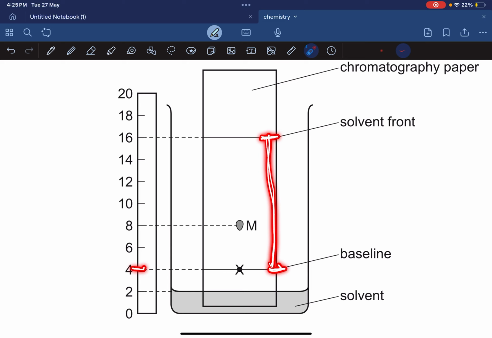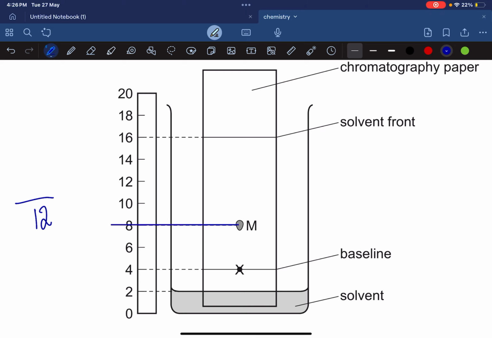From 4 to 16. That's going to be 1, 2, 3, 4, 5, 6, 7, 8, 9, 10, 11, 12. So this total distance from the baseline towards the solvent front is 12. What is the distance for point M? This is 1, 2, 3, 4. It is 12 upon 4.